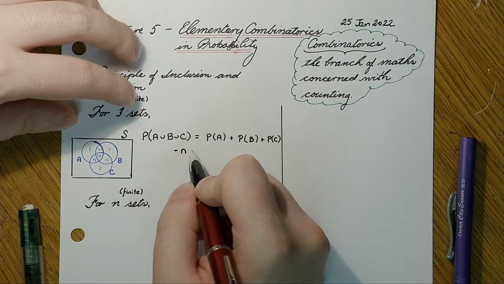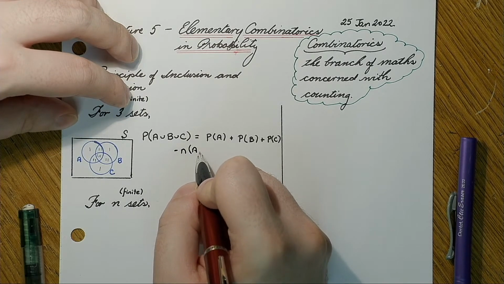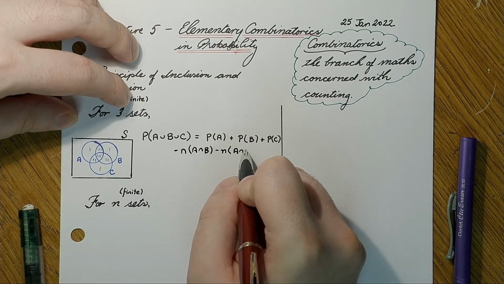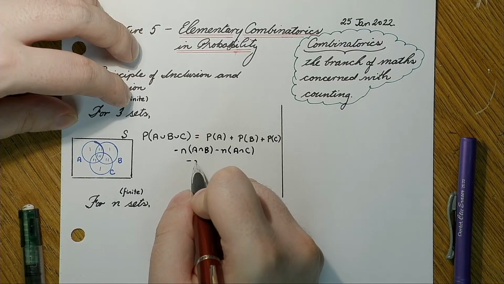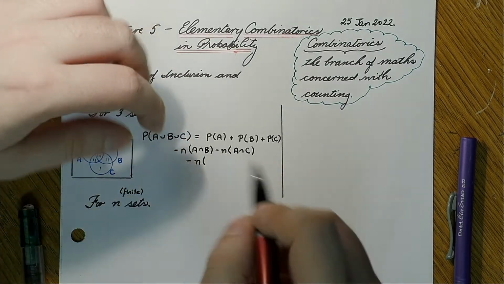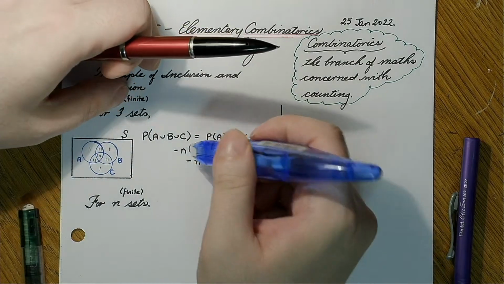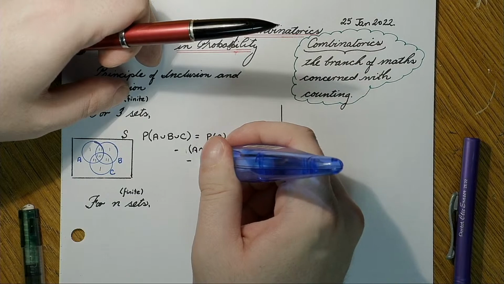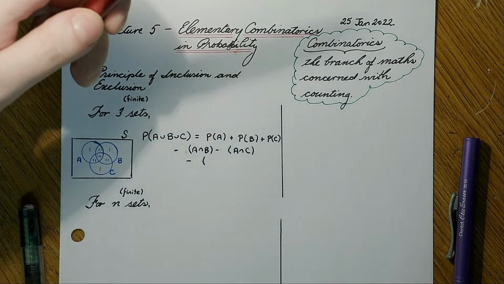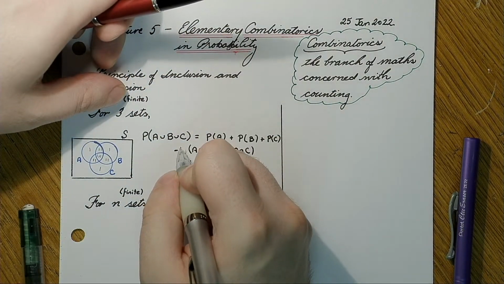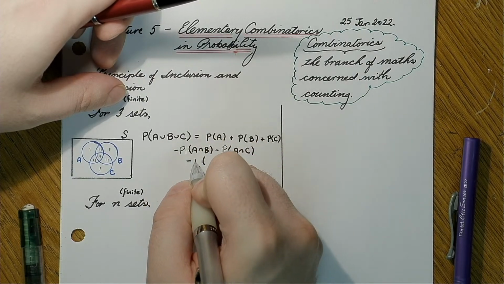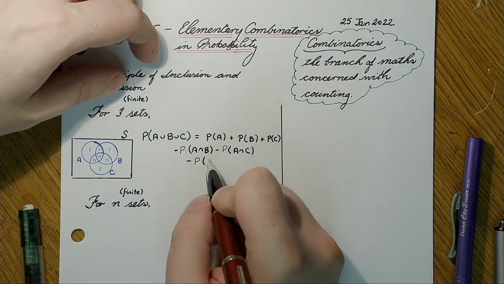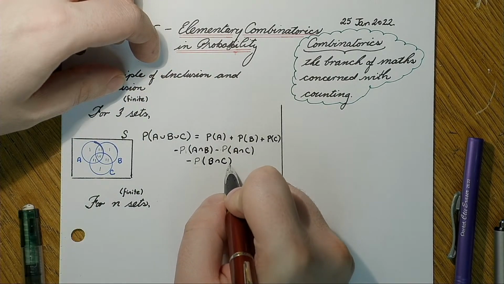So A intersect B, A intersect C, and subtract N, sorry, I should be using P, because we're talking about probabilities here. So here's the probabilities. And then, so B intersect C.